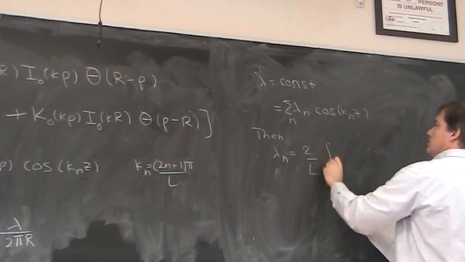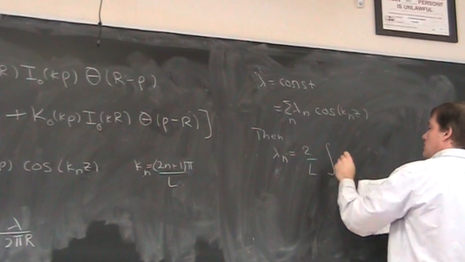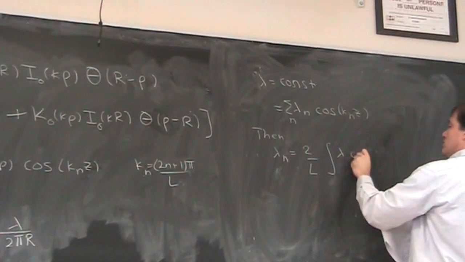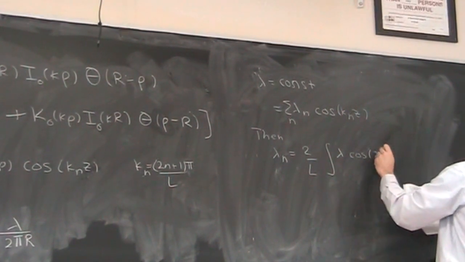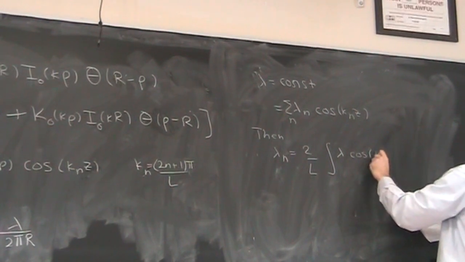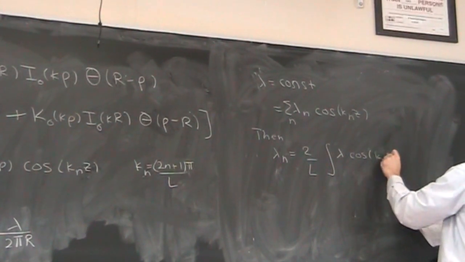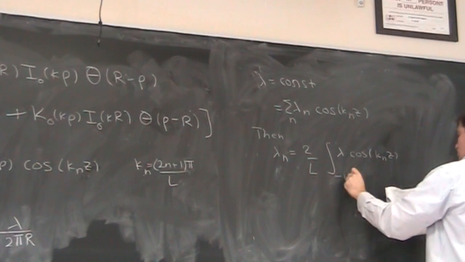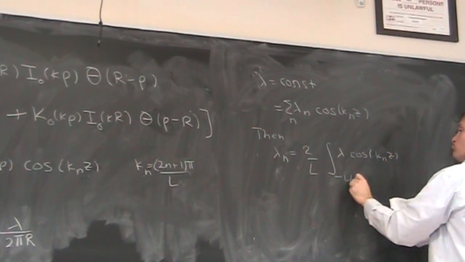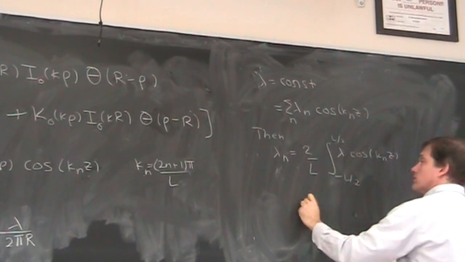Okay, so lambda n is here 2 over L, integral lambda cosine k. Okay, so you can work that out.